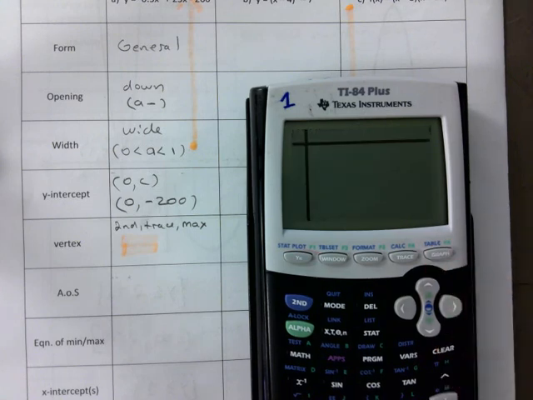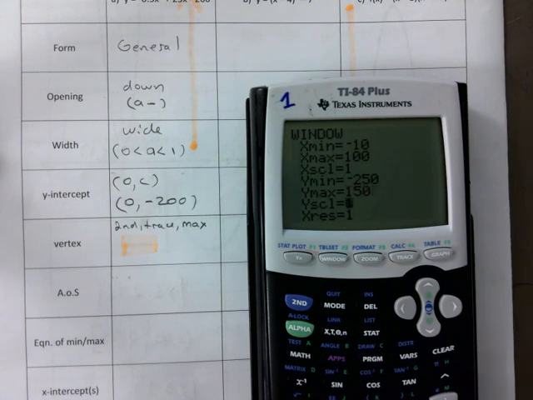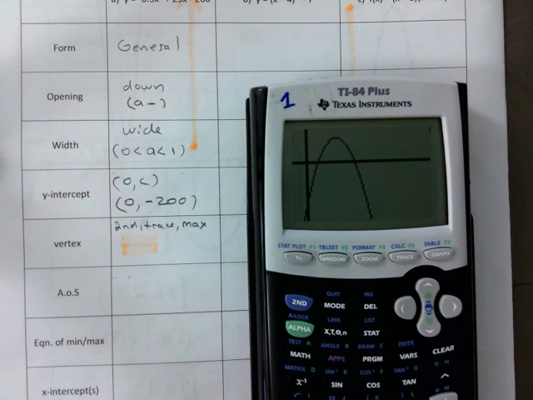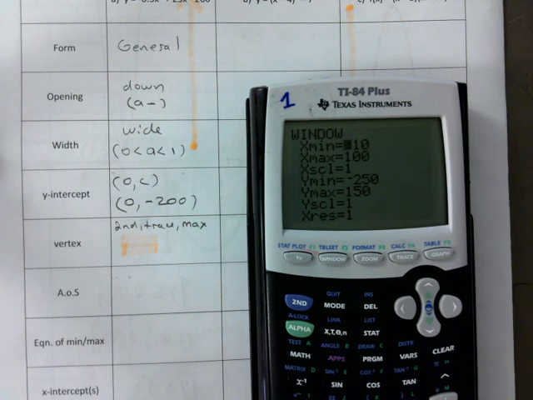Let's try that. Obviously, you're going to get faster at this after a while, but I'm pretending to be you. So I'm going to go 150 because I don't want to keep jumping. And that does the trick for me. This, I would say, is a pretty good window. If yours looks a little different, not a big deal. As long as you see it, you're in business. I will let you see my window if you want to copy those entries: negative 10, 100, negative 250, 150.